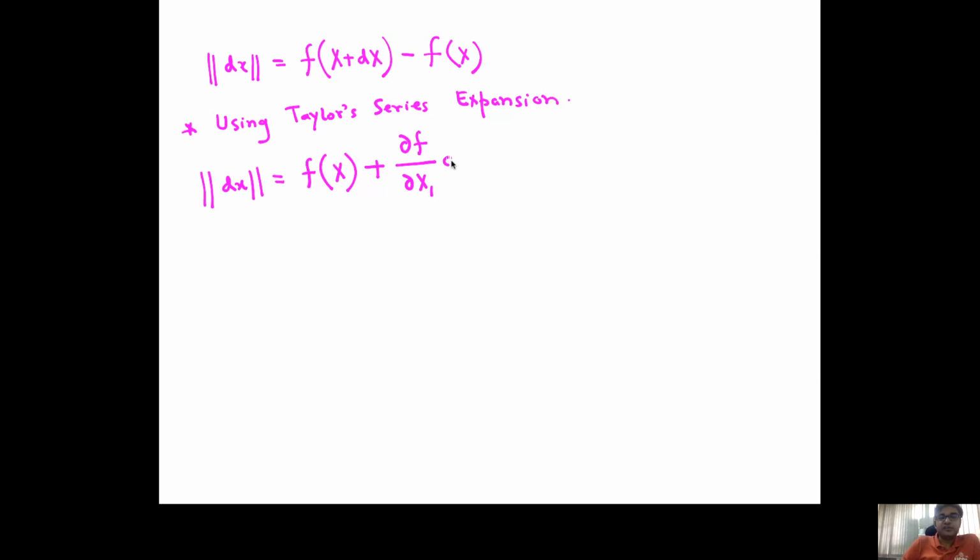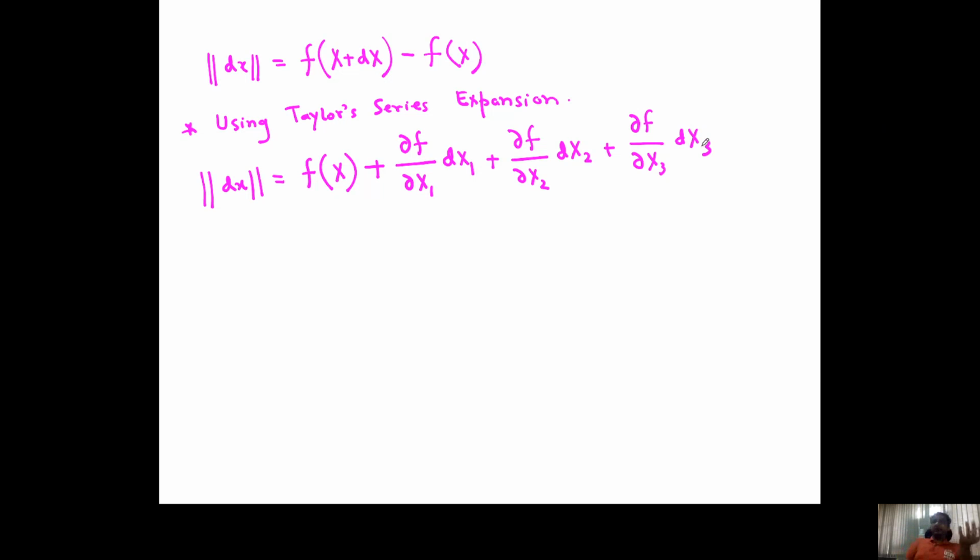H is basically dx1, plus del f by del x2 dx2 plus del f by del x3 dx3.